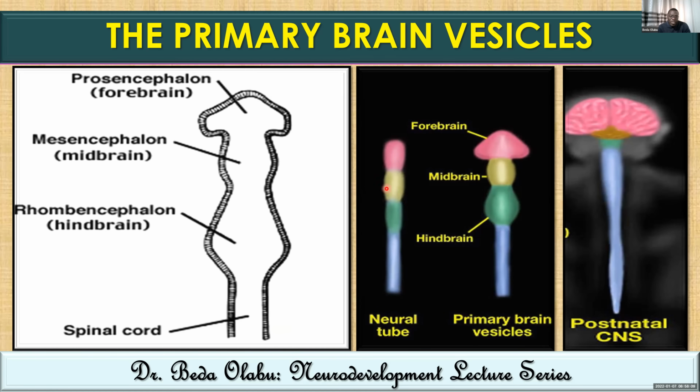So these are the three swellings: forebrain, midbrain, and hindbrain swelling. Those three swellings are the ones that will eventually give us the brain. The spinal cord will come from the caudal 1/3 of the neurotube. Of course, the spinal cord will also come from secondary neurotube as well.